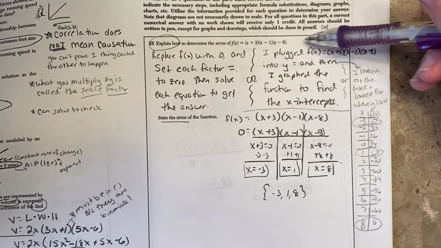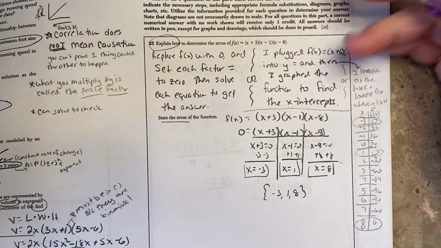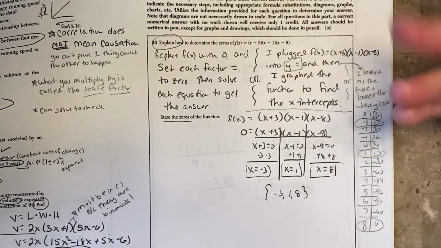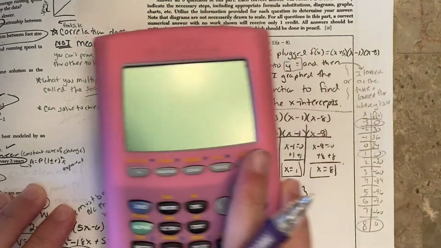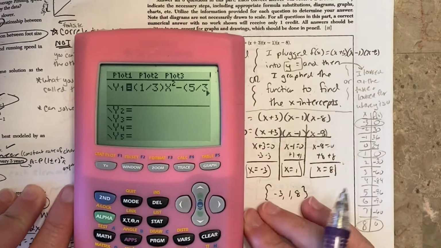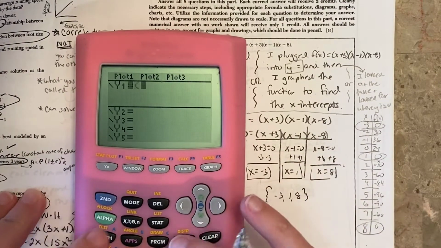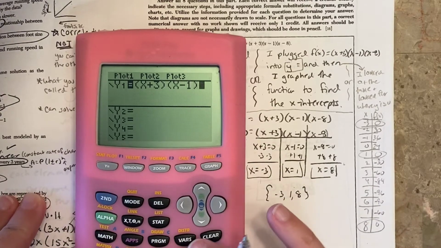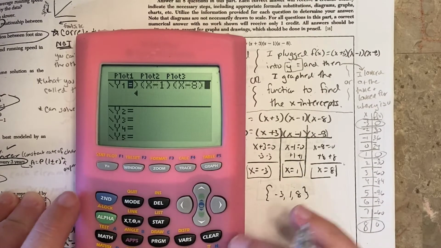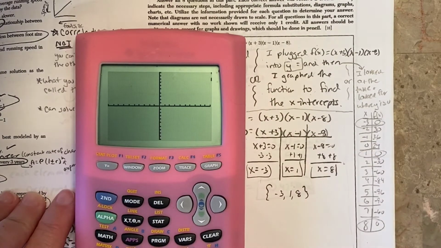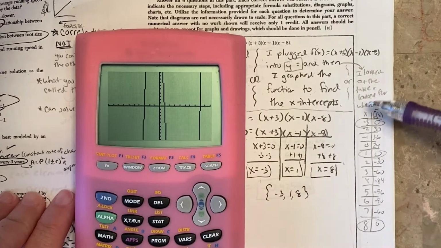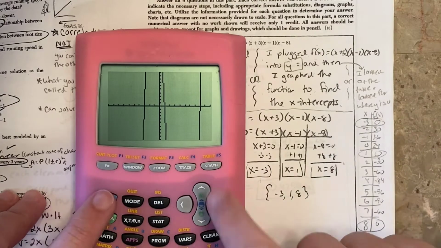And then I explained it another way. I plugged f of x into y equals, and then I graphed to find the x-intercept, so you could do that. Okay, might as well just show you this. So y equals, we have x plus 3, we have x minus 1, and then x minus 8. So if we go to graph it, our zeros should be negative 3, 1, and 8. And then another way you can do it is to go to the table.